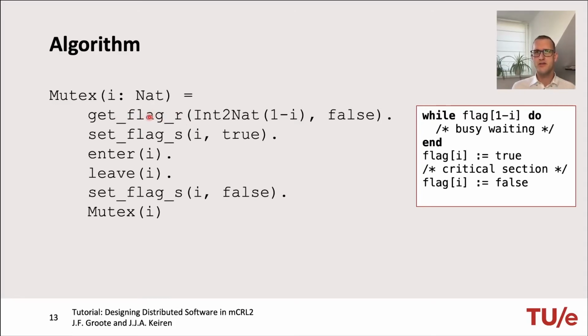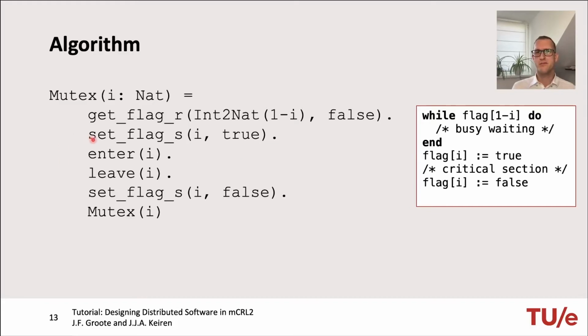And this communication will only succeed if they agree on the value of their parameters. So in this case, this get flag will only succeed if the value of the shared variable is false. If the value of the shared variable is still true, then the mutual exclusion process here will block until this action becomes enabled. So that gives us a very straightforward way to model this busy waiting loop.